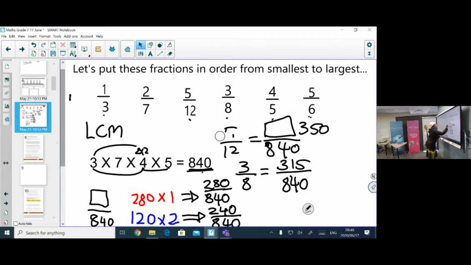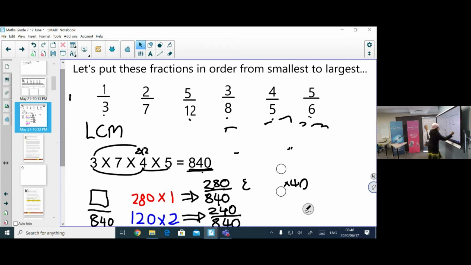Now we're doing one of the last two, which is 4 over 5, over 840. Take your calculator, divide 840 by 5.